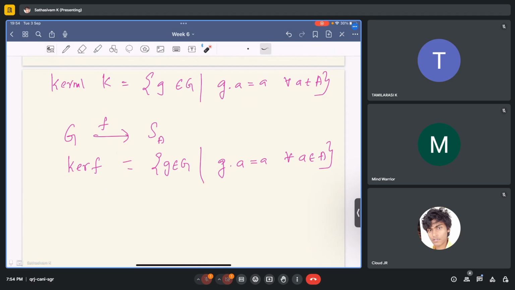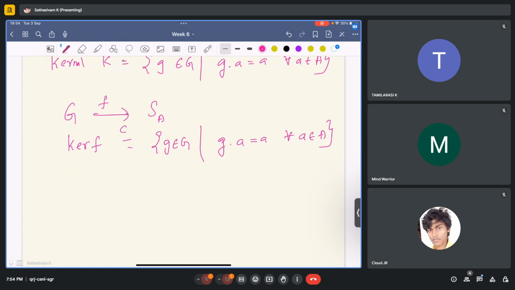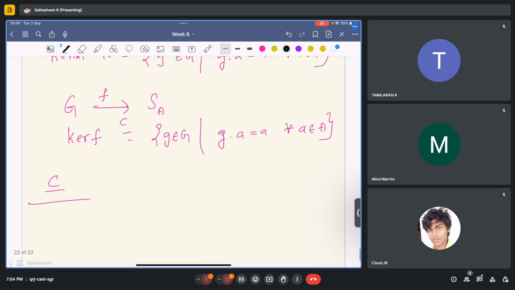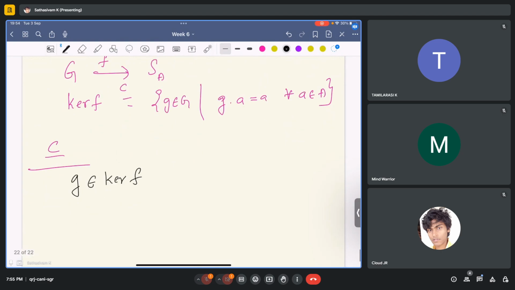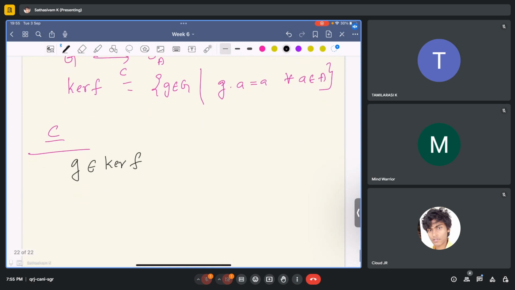So let's prove the first containment. Let's start with g belonging to the kernel of F. That means sigma g is 1, or sigma g is basically the identity map.